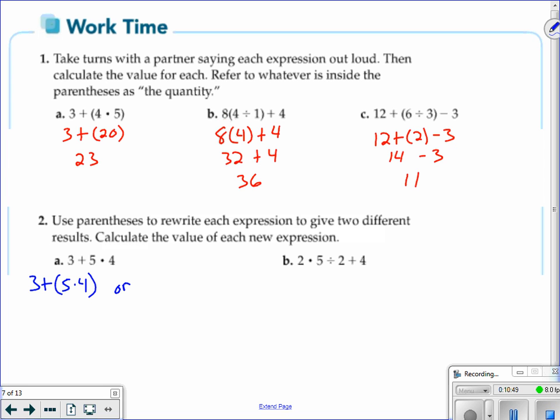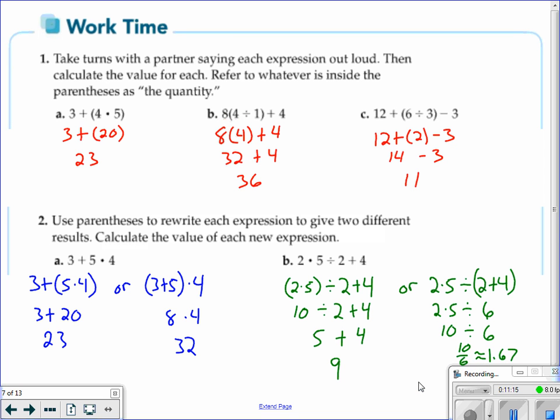Or I could put the parentheses around the 3 plus 5 and then calculate that. So that's what you're going to do for A and B here. So I want you to pause the video, try these on your own, and then when you're done, you can start it up again and check them.